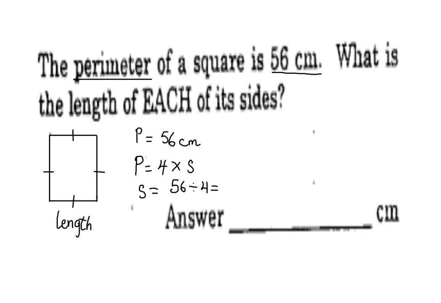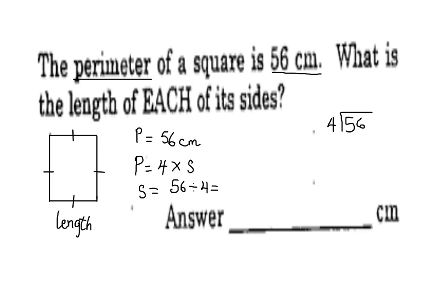Do we have an answer? So when we divide 56 by 4, I'm going to write it in a different way and we can work on it. So 56 divided by 4, 14. Very nice.